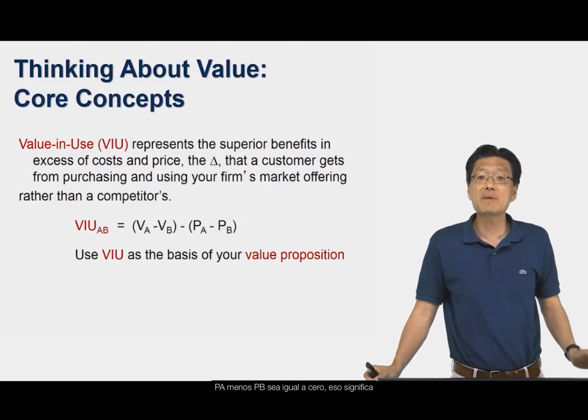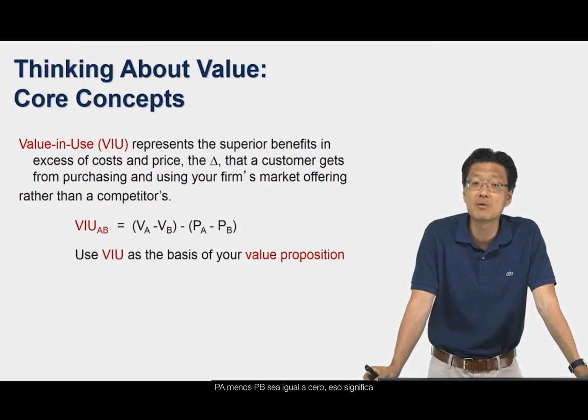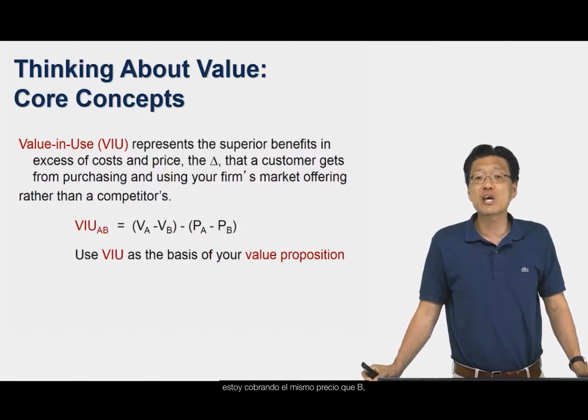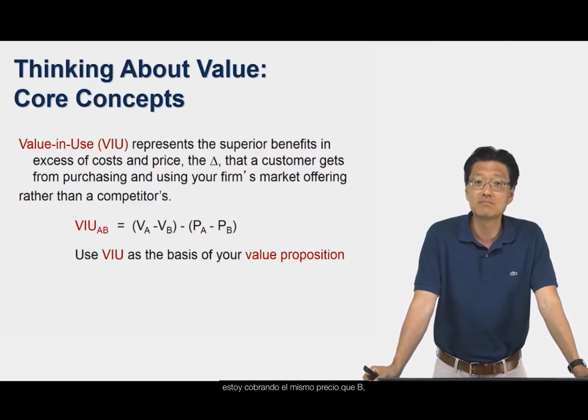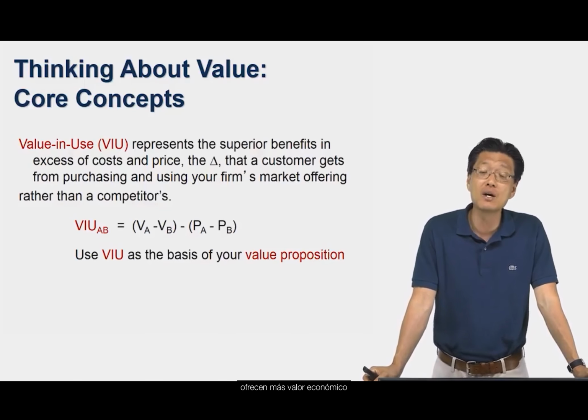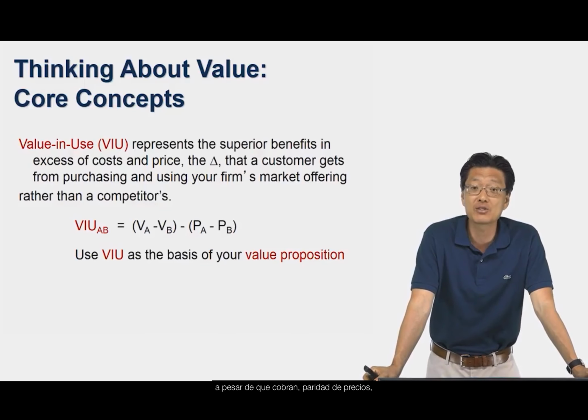When PA minus PB is equal to 0, that means that despite my brand, A, providing more economic value than the next best alternative offering, B, I am charging the same price as B, which a lot of companies do. They provide more economic value, and despite that, they charge price parity.